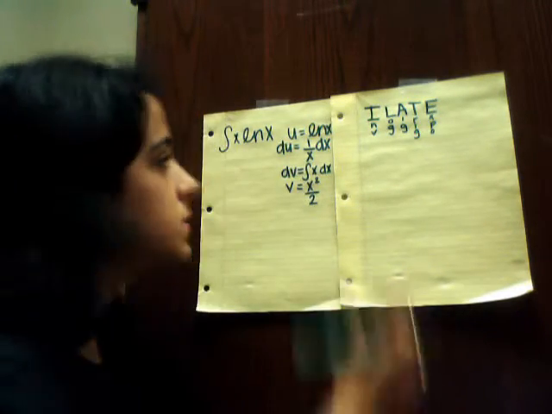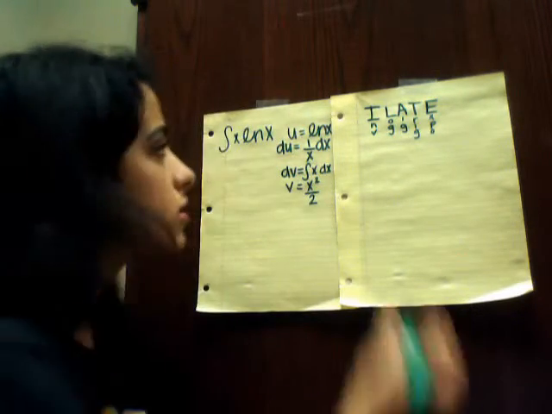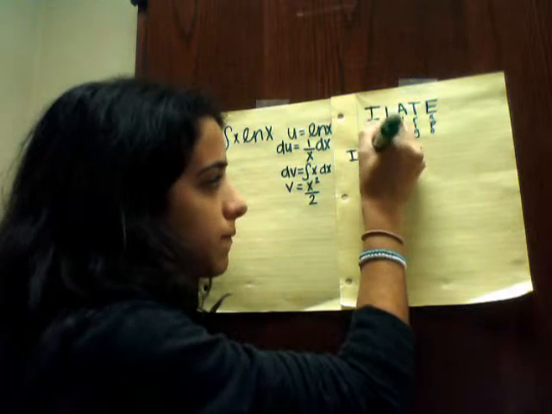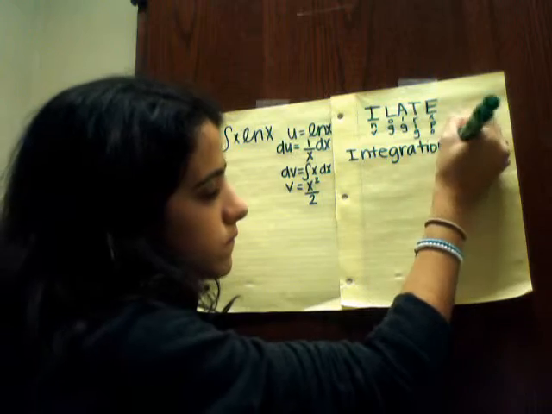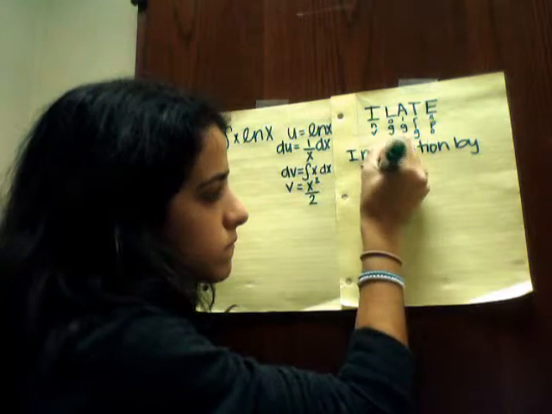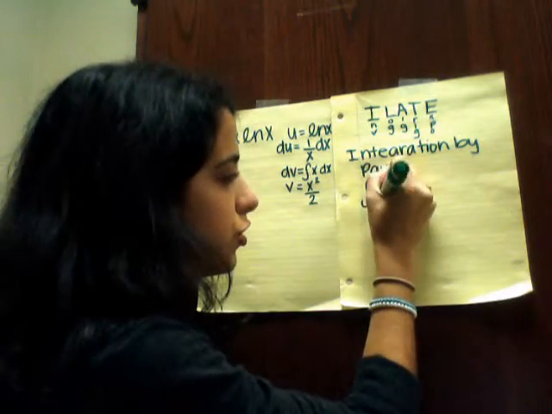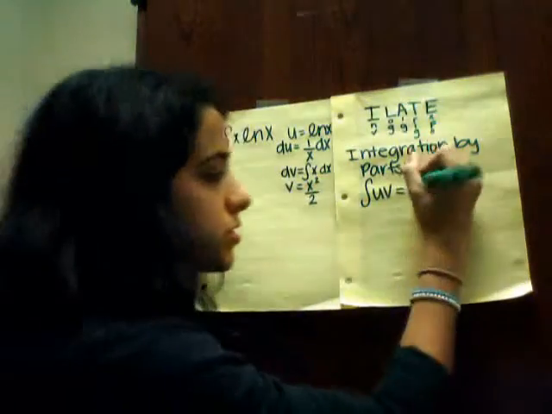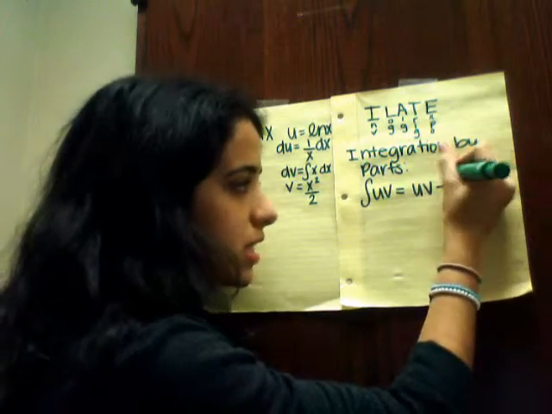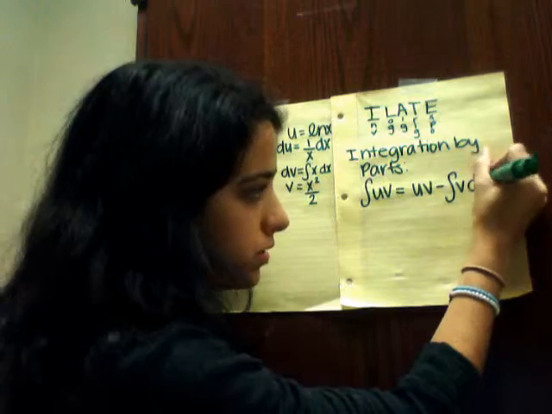What we're going to use these different variables for is the equation for integration by parts. Integration by parts is solved by the integral of u dv equals uv minus the integral of v du.